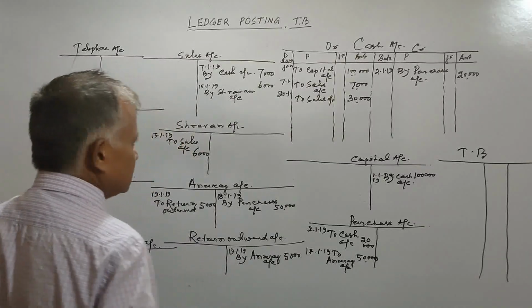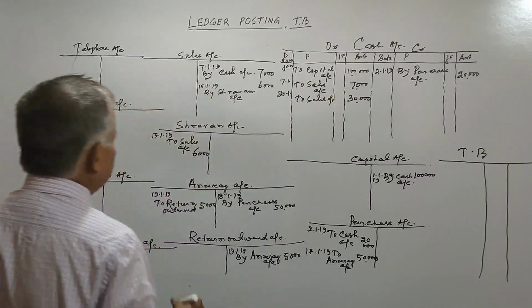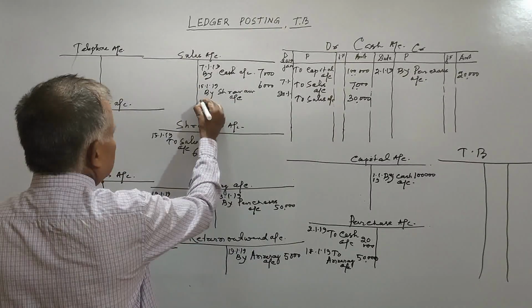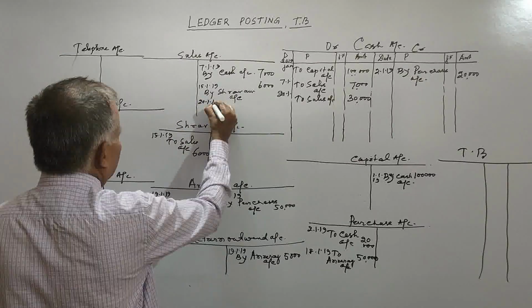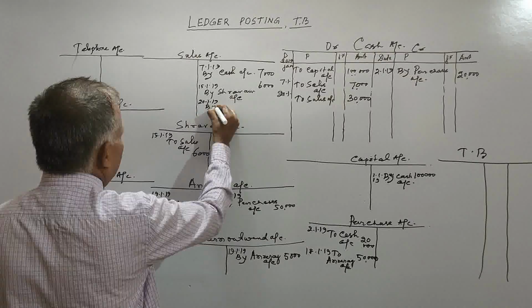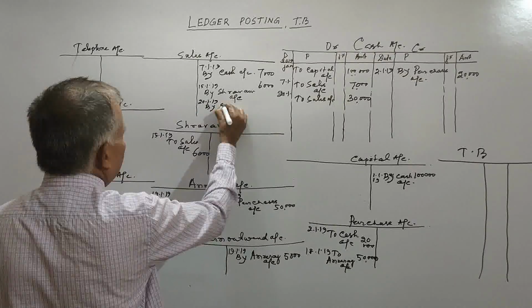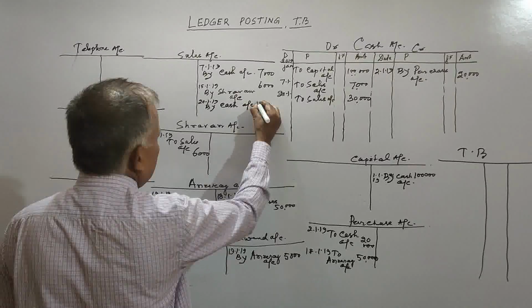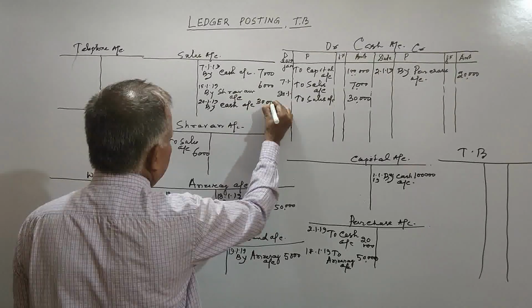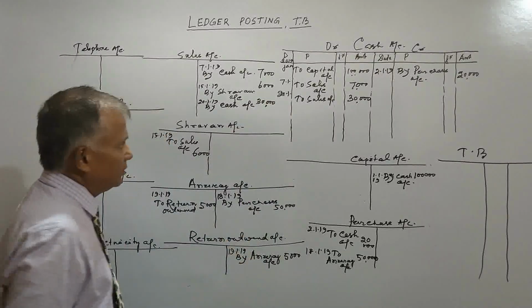Go to the sales account, and in the sales account write by cash. By cash account 30,000. Right?